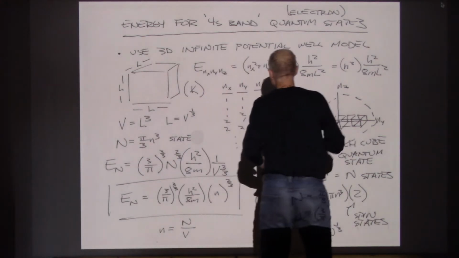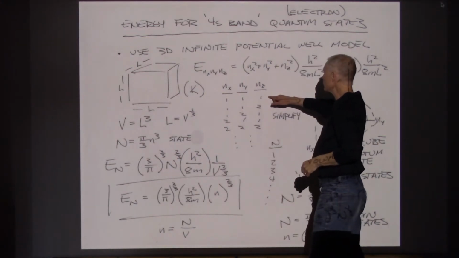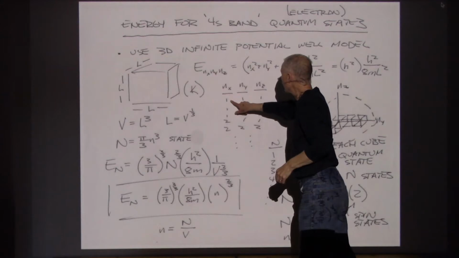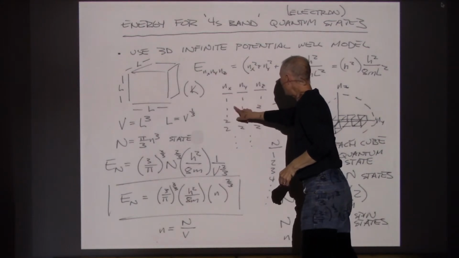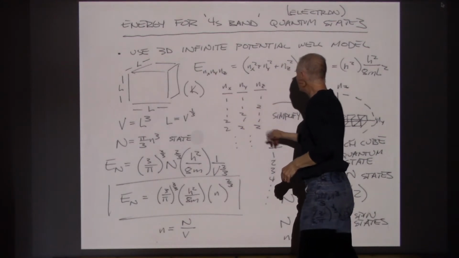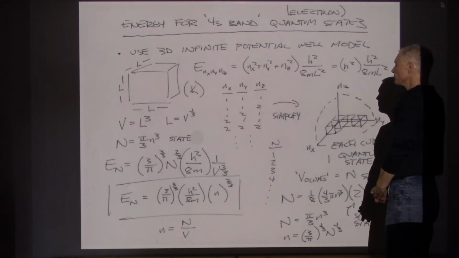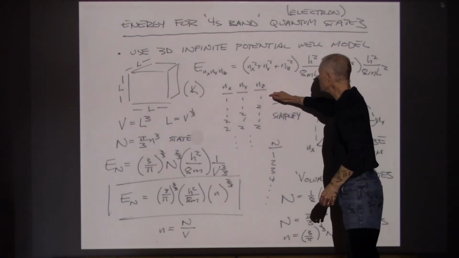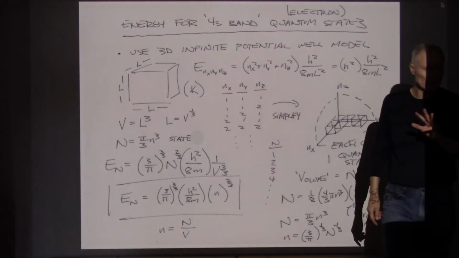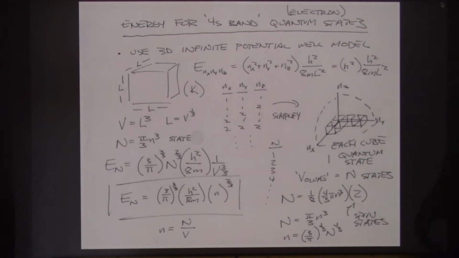We had determined that the lowest energy quantum states came from quantum numbers 111, and then 112, 121, 211. So we had gone through and imagined all of the possible combinations of 3 integer values, and each one would give us a quantum state.